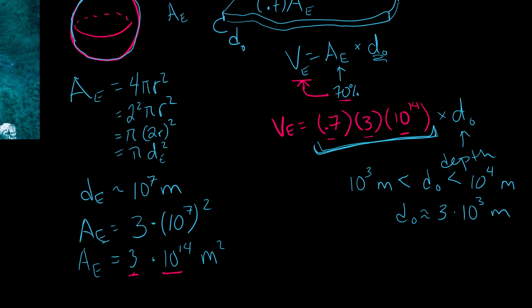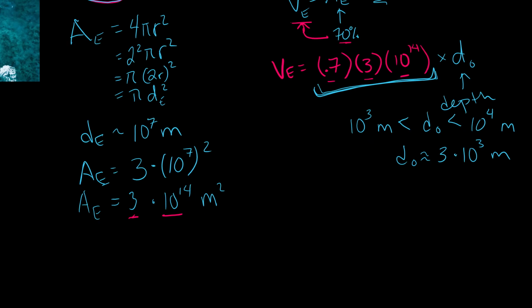Most of the ocean is probably more than a kilometer deep. So we're definitely closer, though. There's not a ton of trenches in really deep spots. So I just went a little bit closer to 10 to the 3rd than 10 to the 4th. So I got 3 times 10 to the 3rd. That's about, on average, I'm going to say 3,000 meters. If you look it up, it's actually 3,600 meters. But we don't really care about the actual numbers. We're trying to just ballpark.